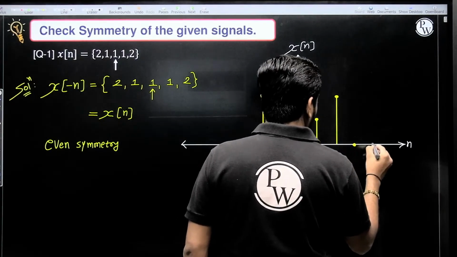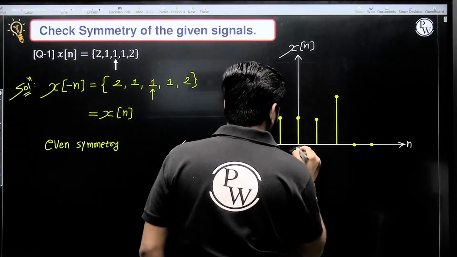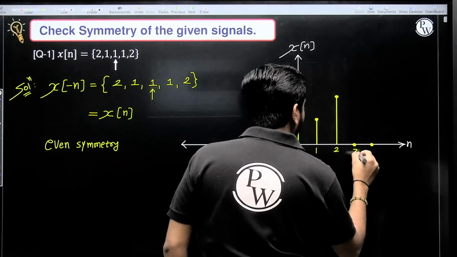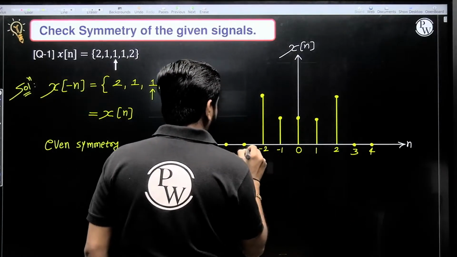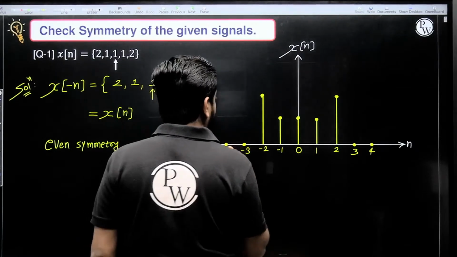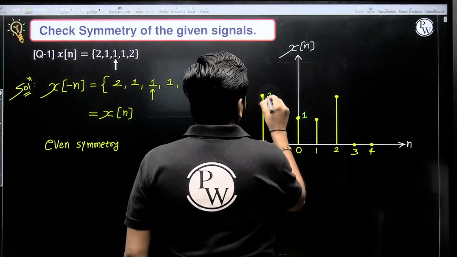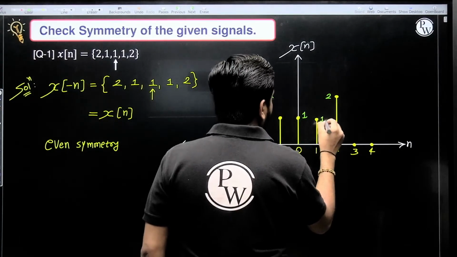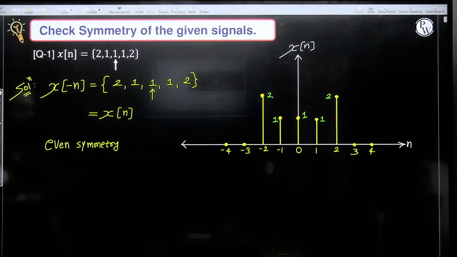You can check the symmetry: 0, 1, 2, 3, 4, minus 1, minus 2, minus 3, minus 4. Here the amplitude is 1, this is correct, also 1, also 1. Now folding with respect to the y axis, you will get x of n only.